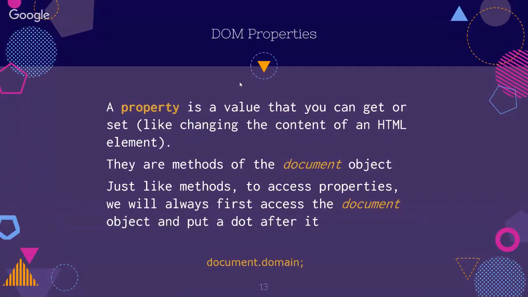HTML objects, like the document object too, have properties that we can modify, which we'll look at a bit later. And again, a reminder that to access a property, we have to reference the variable that holds the object and put a dot after it, just like we've done here, document.domain. So domain is the property that's located on the document object.